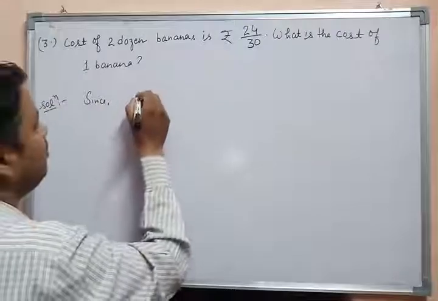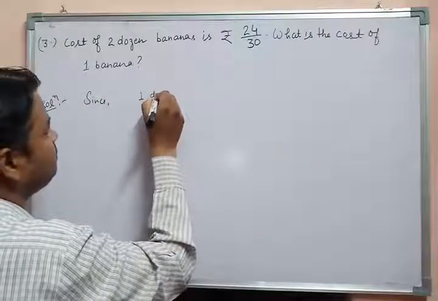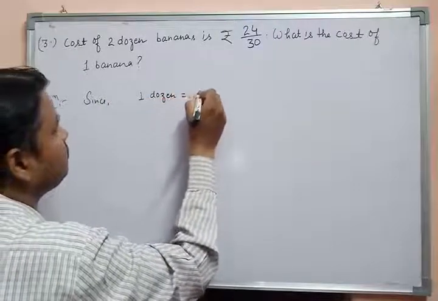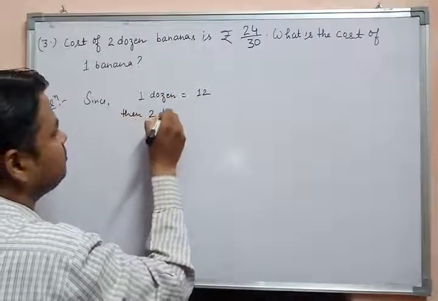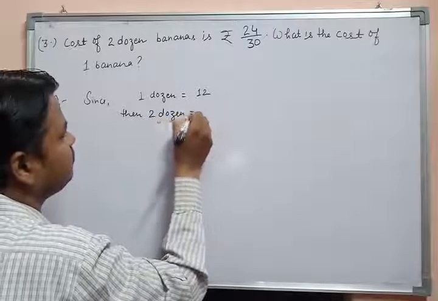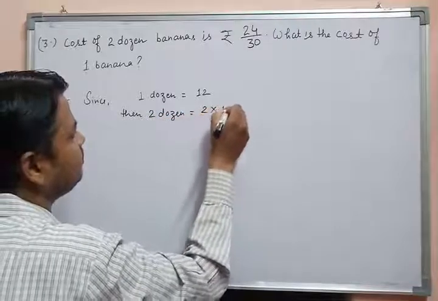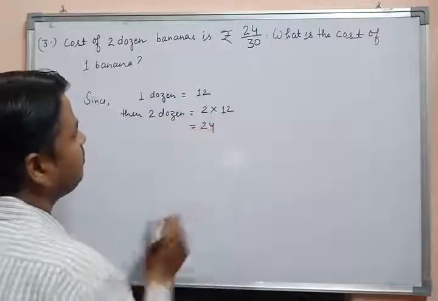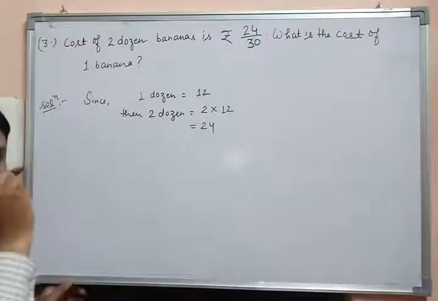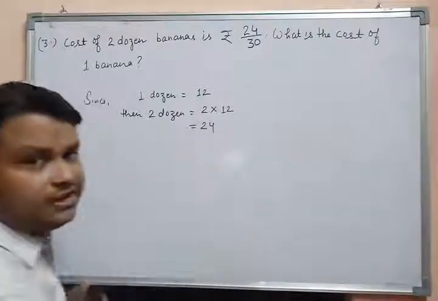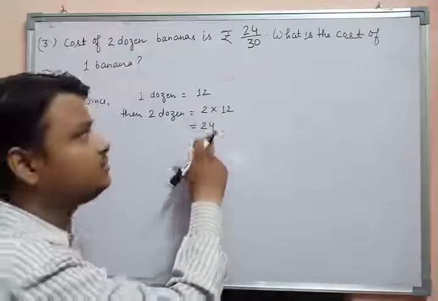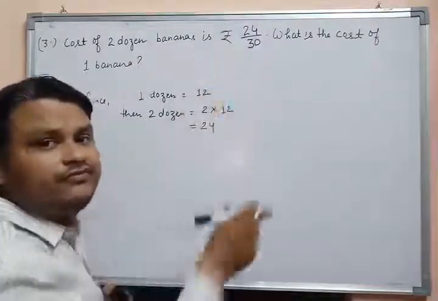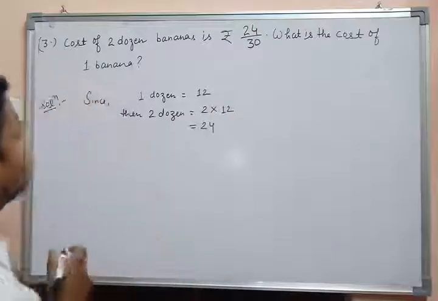Since 1 dozen is equal to 12, then 2 dozen means 2 into 12, it means 24. So students, this shows that the cost of 24 bananas is this. So you have to find the cost of 1 banana.